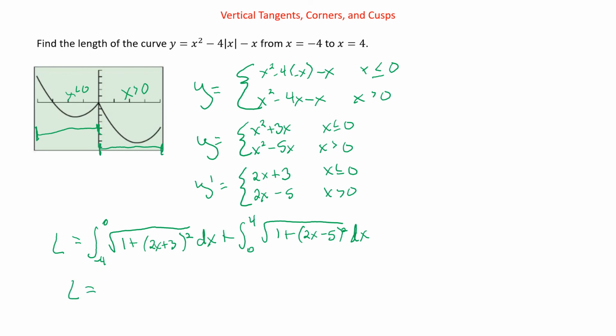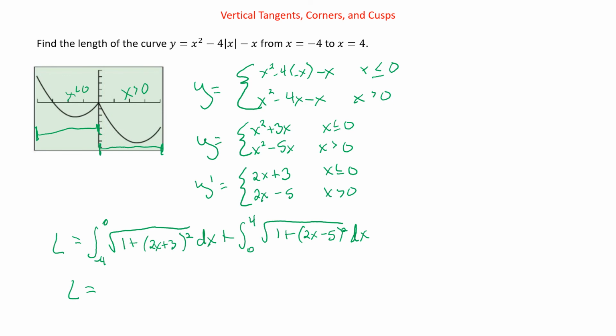So we can type this all in from negative 4 to 0, square root of 1 plus 2x plus 3 squared. Make sure that the parentheses are right so it's squaring the right stuff, and that everything's under the square root, dx, enter, and then plus from antiderivative numeric integral from 0 to 4, square root of 1 plus 2x minus 5 squared dx equals.